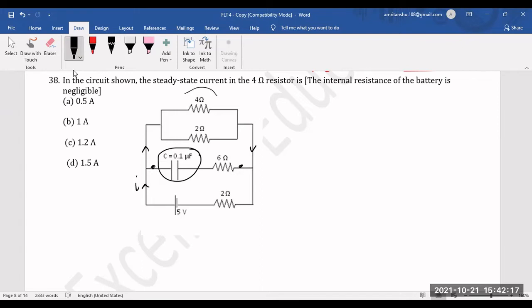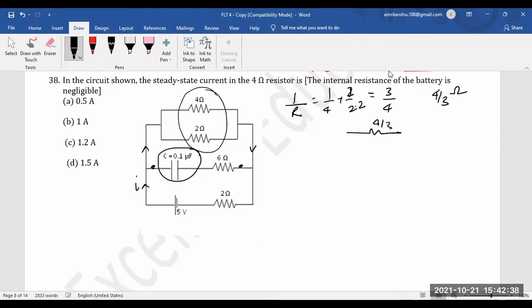So if I calculate R net for this, 1 by R equals 1 by 4 plus 1 by 2. It happens to be 3 by 4, so R is 4 by 3. Now I know 4 by 3 over here, 2 over here, and a battery of 5 volt over here.